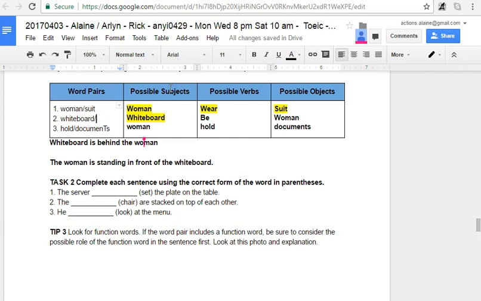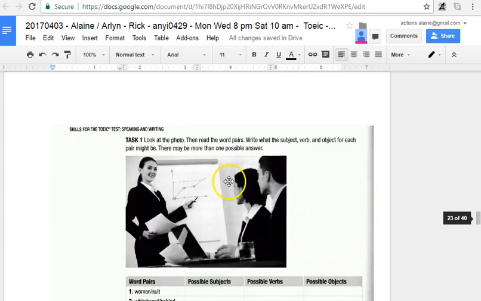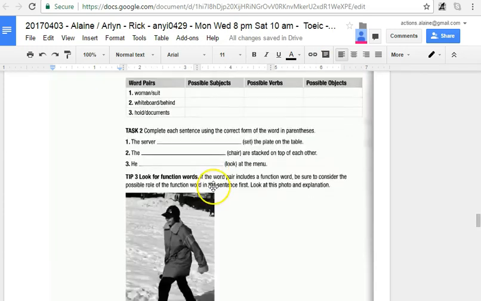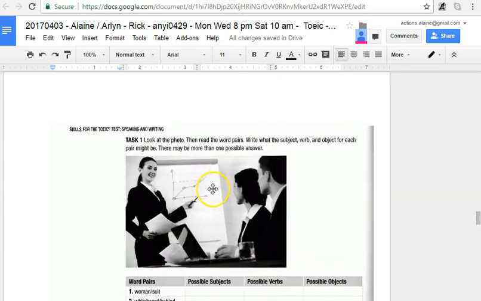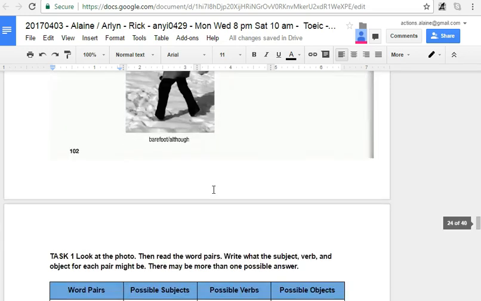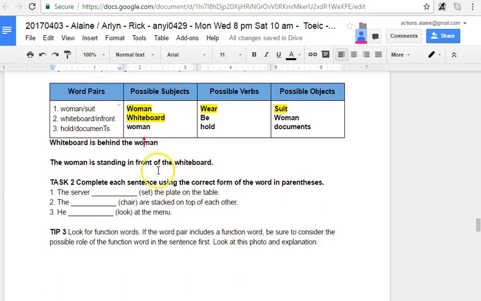So let's just change the word pairs to whiteboard and in front. I think that there is actually a mistake on this one. I'm sorry about that. So if we use in front, then my statement will be correct, right? Right.